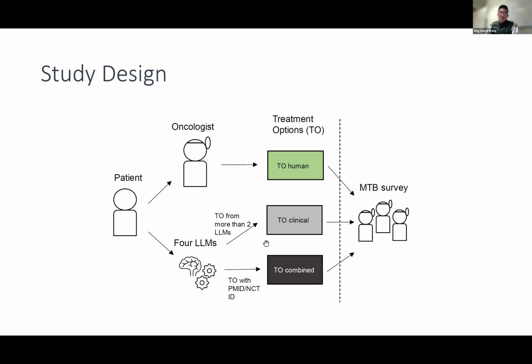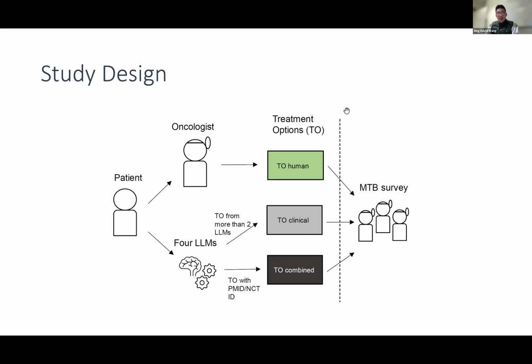So we summarized them once into clinical treatment options, which are treatment options which were found by more than 2 large language models, and then into another treatment option which had clinical references, so which always had a PubMed ID or NCT ID associated with it.